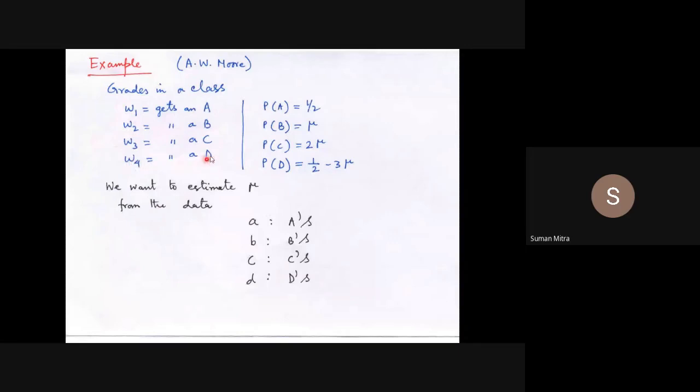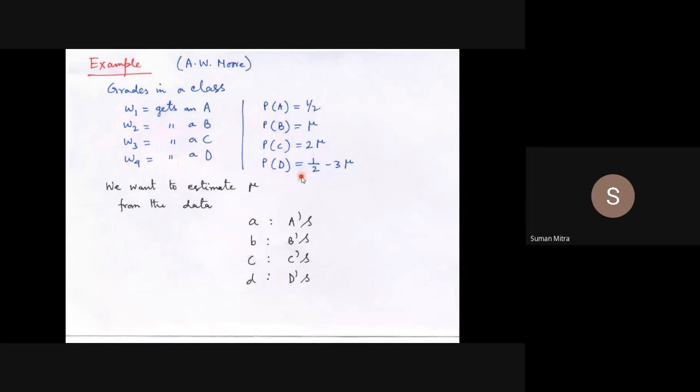From the data, we know that the probability of getting grade A is half, grade B is mu, grade C is twice mu, and grade D is half minus 3 mu. These are my probabilities for grades A, B, C, D. If you sum them up, you will get 1.